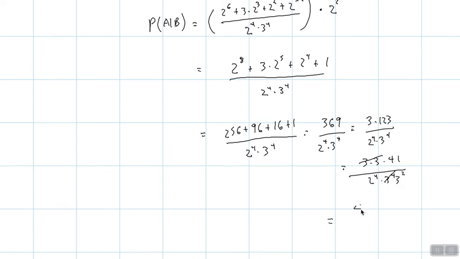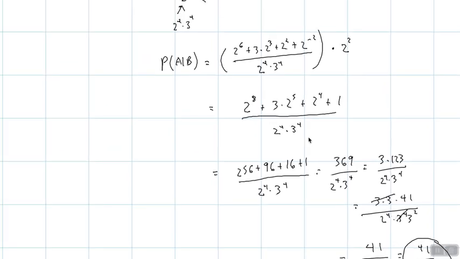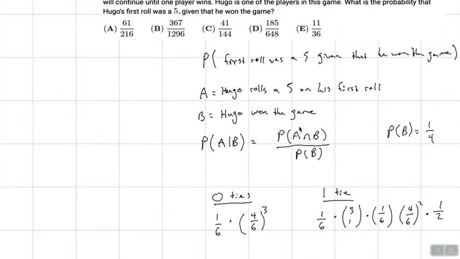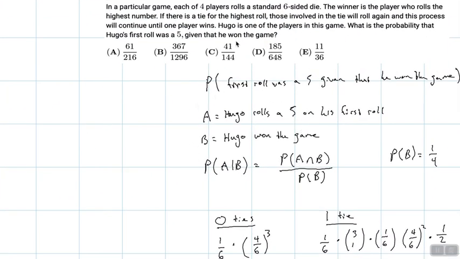So then this is equal to 41 over 2 to the 4th times 3 squared. And 2 to the 4th times 3 squared is 16 times 9, which is 144. So we get 41 over 144, which is the conditional probability we were trying to find. So 41 over 144, the answer is choice C.